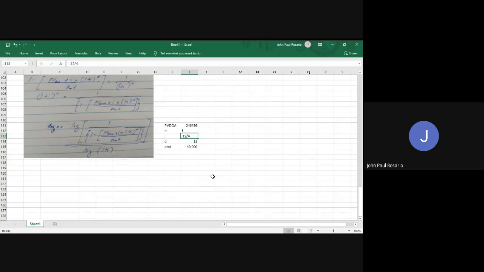Times 0.12 over 4. And then times 1 plus 0.12 over 4 raised to the power of 11. And then payment nato is 40,000.